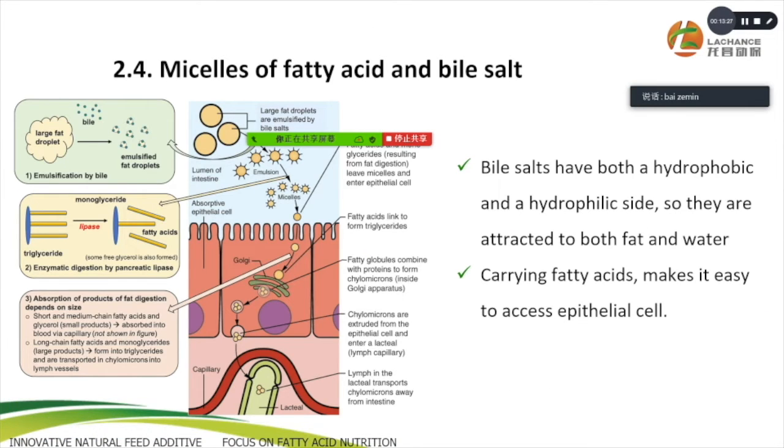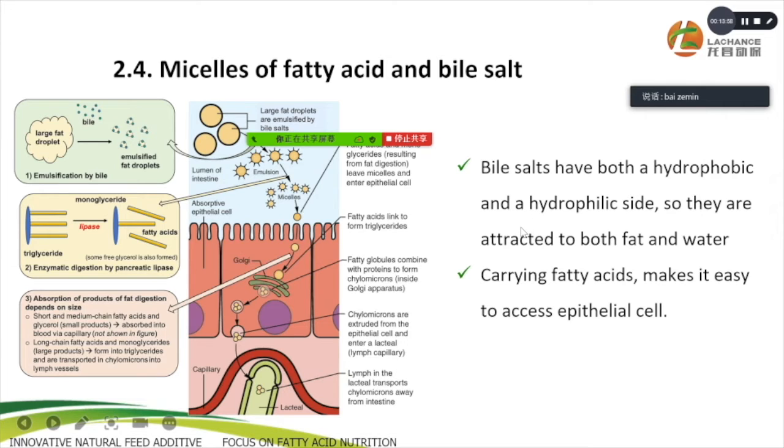The last step is absorption. After emulsion and digestion, we have micelles containing fatty acid and bile salt, as we can see here. Fat cannot dissolve in water, but bile salt has two parts, as I mentioned, a hydrophobic and a hydrophilic side.